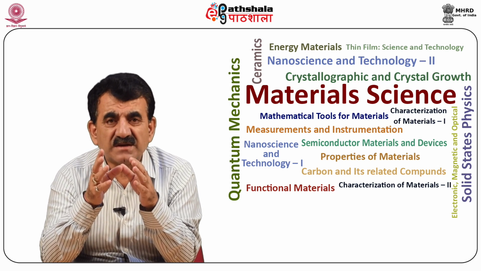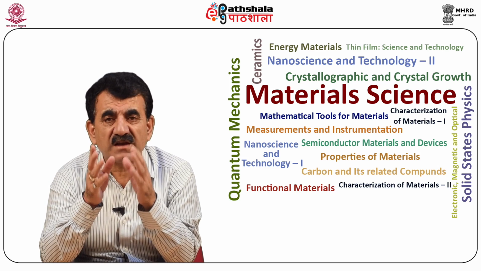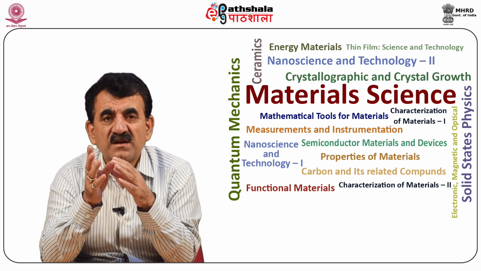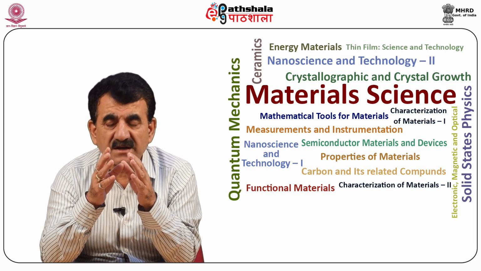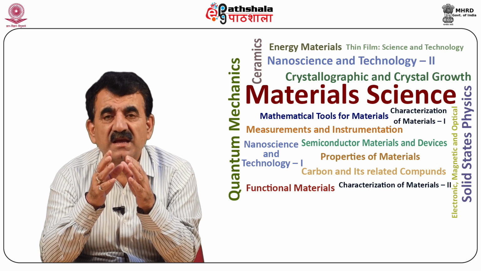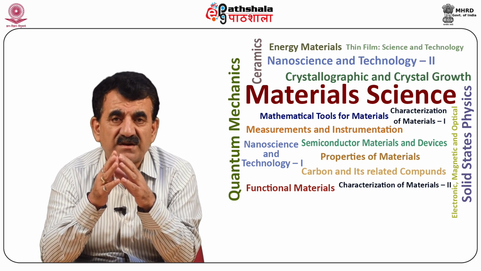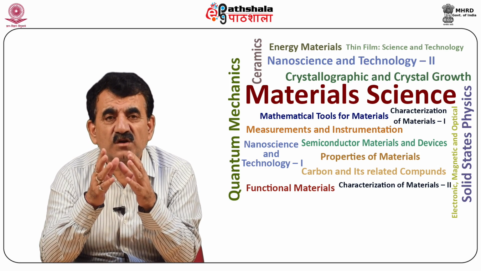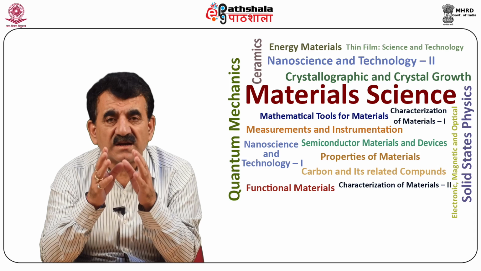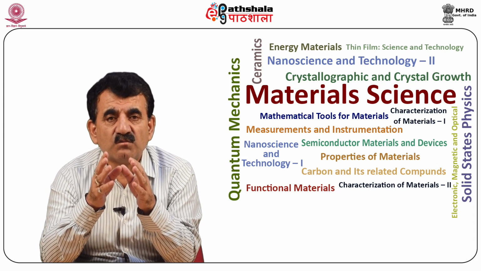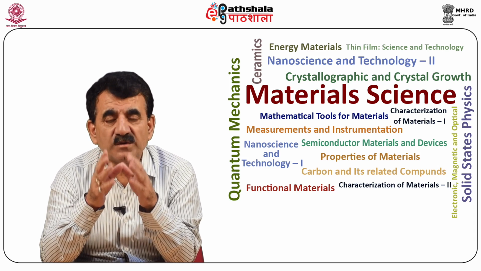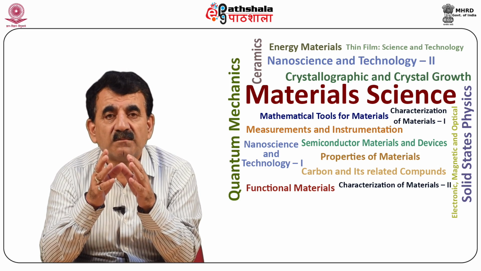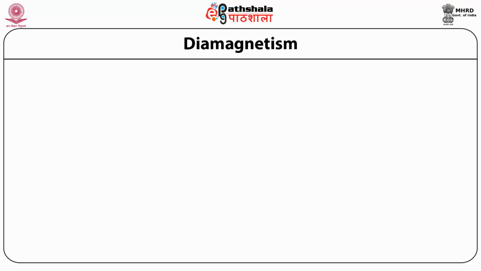In transition elements, the spin of the electron is only responsible for the magnetic moment, but in the case of rare earth elements, the effect of orbital motion of the electron does not get cancelled, and hence both spin and orbital motion contribute to the magnetic moment.